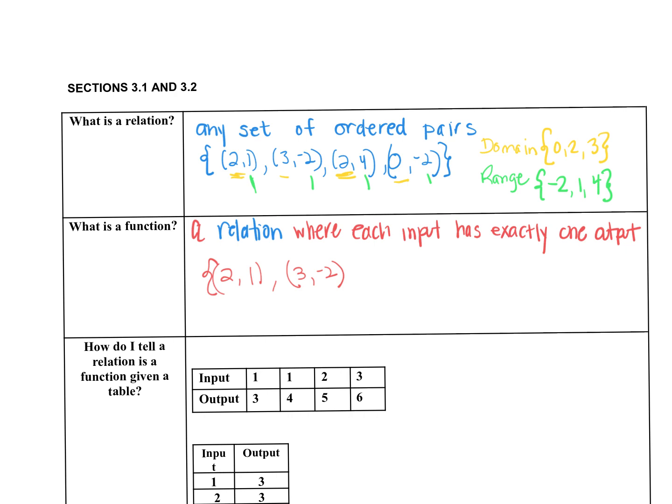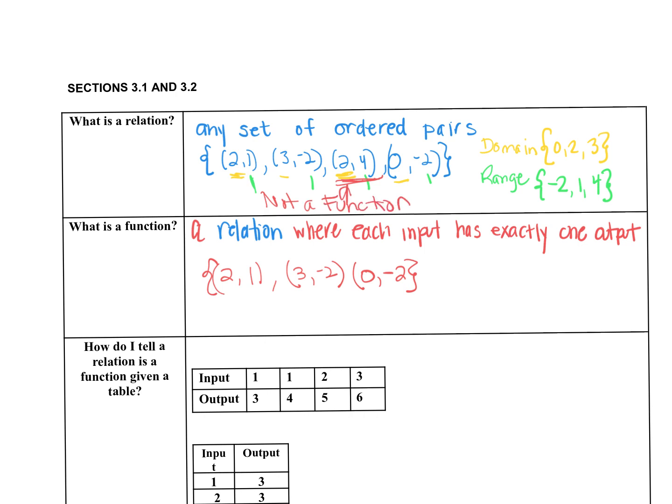But once we get to (2, 4) again, we wouldn't want to include that because it has a 2 also. And so we would remove that. If we put (0, -2) in there, now this is a function, okay? The other is not a function, it's just a relation.